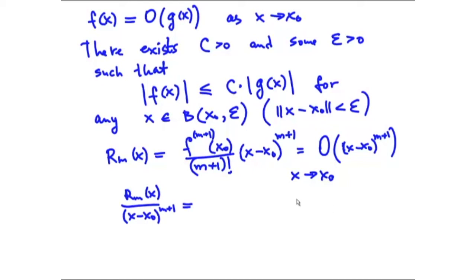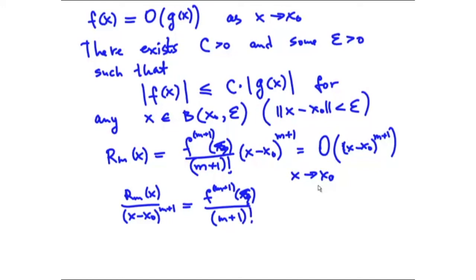Rm of x is given by this expression here, and we divide it by x minus x0 to the power m plus 1. As a result, I'll just get the m plus first order derivative of f at x0. And by the way, it was not x0, it was some xi, but it's not as important in this case. The important thing is that this ratio here that we have is actually a constant.